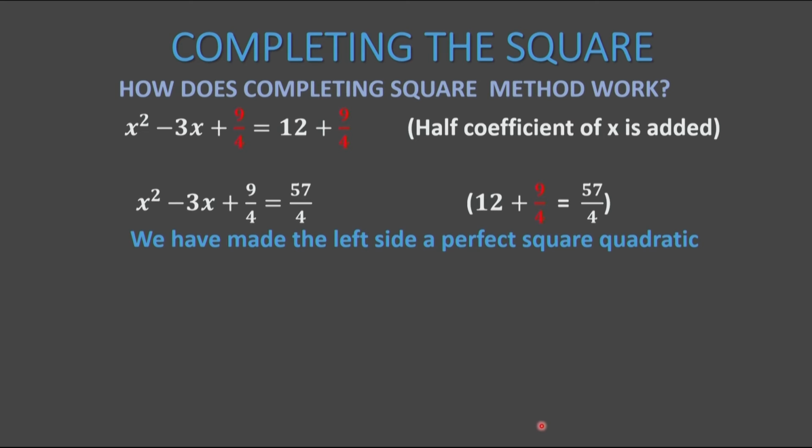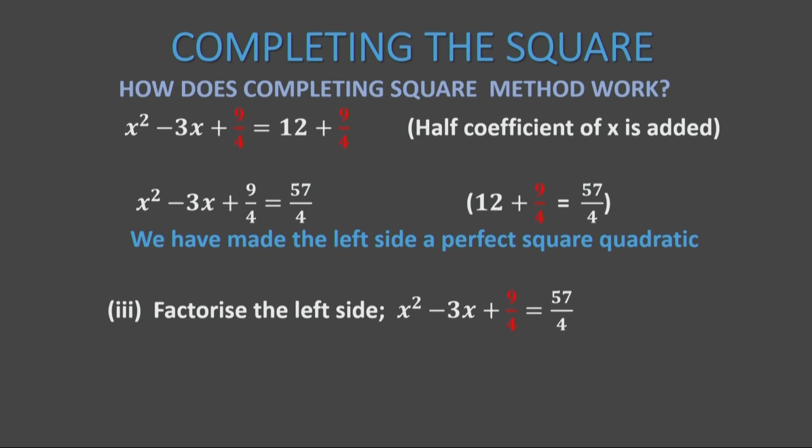To do this, you pick your x and the coefficient of x. We have already formed a perfect quadratic expression. Remember, when you add half the coefficient of x, squared, to both sides, you have made it a perfect square expression.